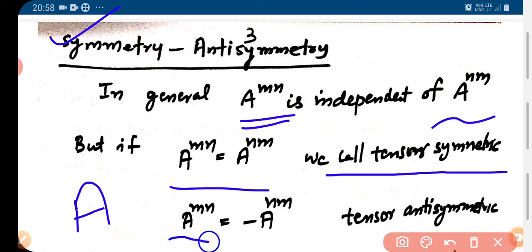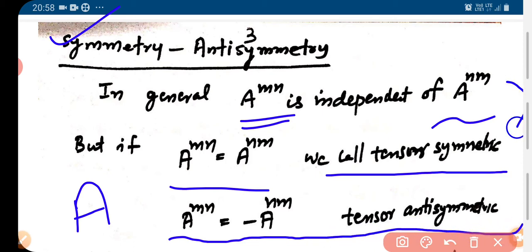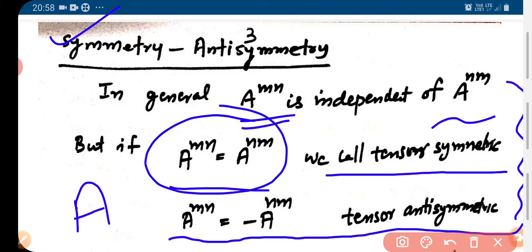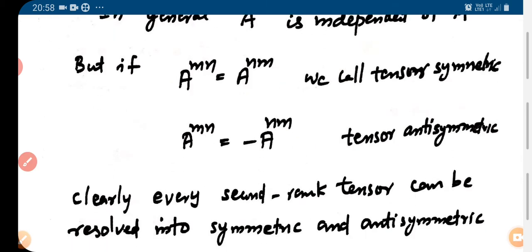If Amn is equal to minus Anm, then the tensor is antisymmetric. In general they are not dependent on each other, but in some special situations, if Amn equals Anm we say the tensor is symmetric, and if Amn equals minus Anm, the tensor is antisymmetric.